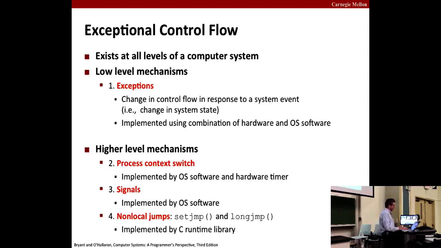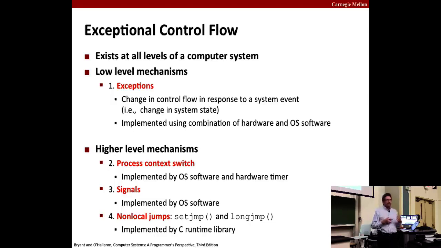At a higher level, totally in software, we have the idea of a signal. This is implemented by operating system software, and we'll learn all about signals next lecture. And at an even higher level, you have non-local jumps in C, which are implemented by the C runtime library.